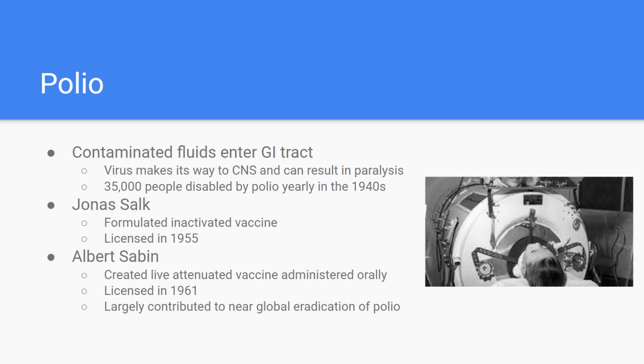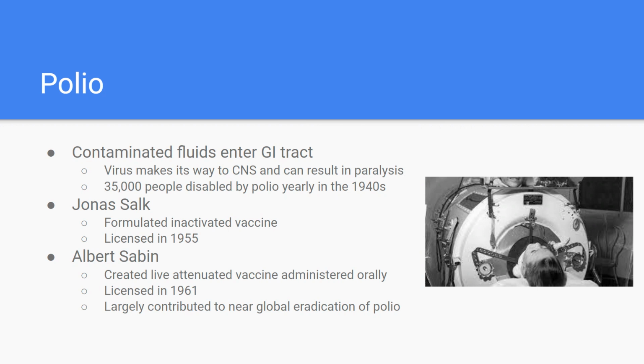Albert Sabin created a live attenuated vaccine that was administered orally, called the OPV, and this was licensed in 1961. After some production issues with the IPV from Salk resulted in some people being injected with live poliovirus and getting the virus, the OPV was chosen as the better vaccine.